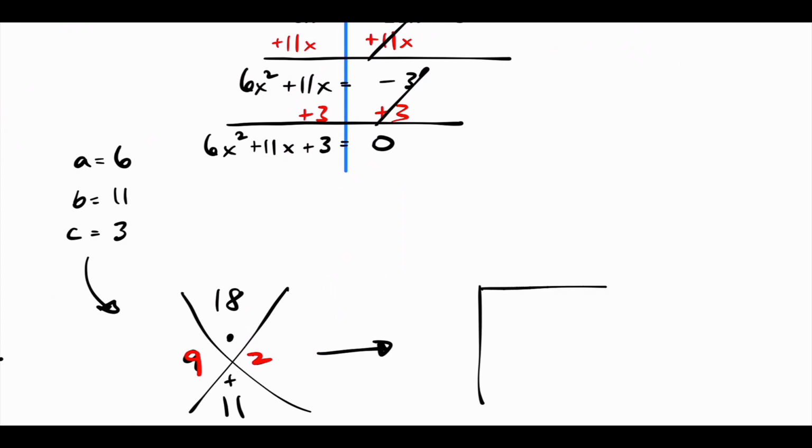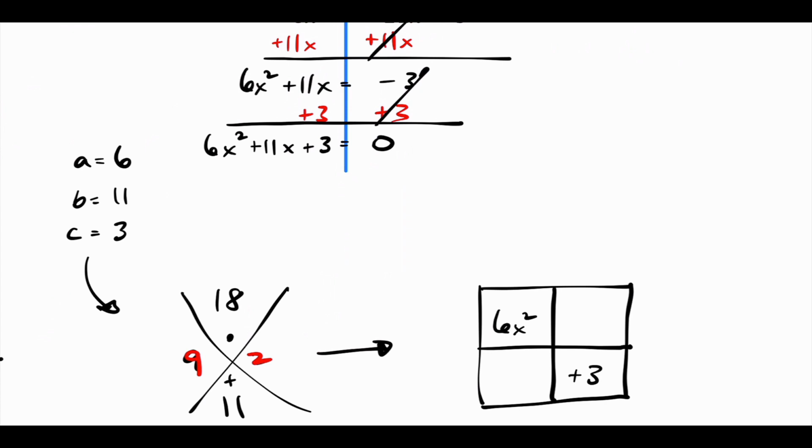Okay, table. 6x squared, positive 3. I'm going to put a 9x and a 2x.